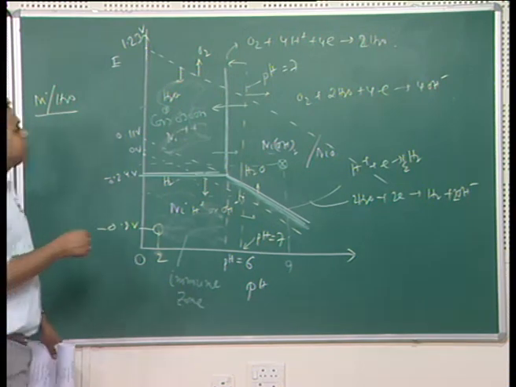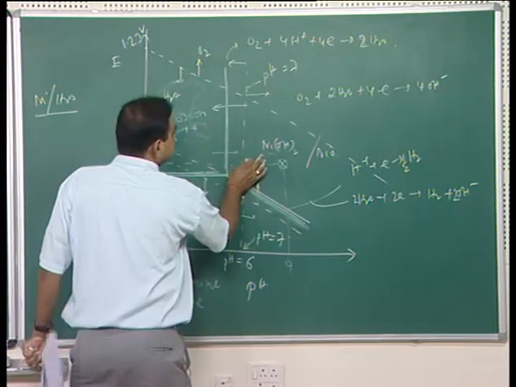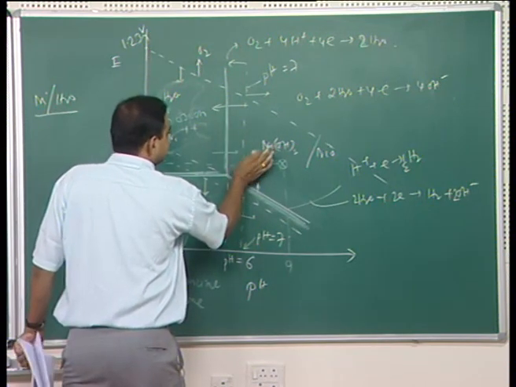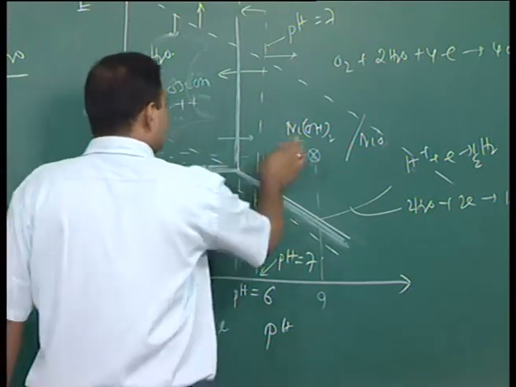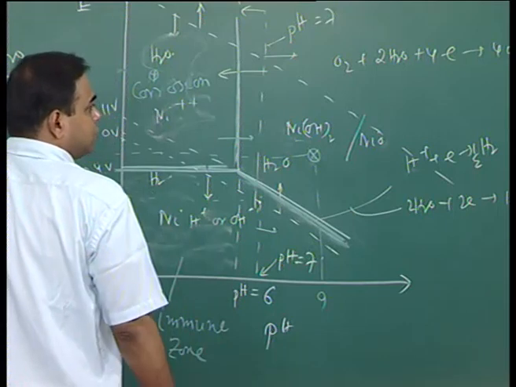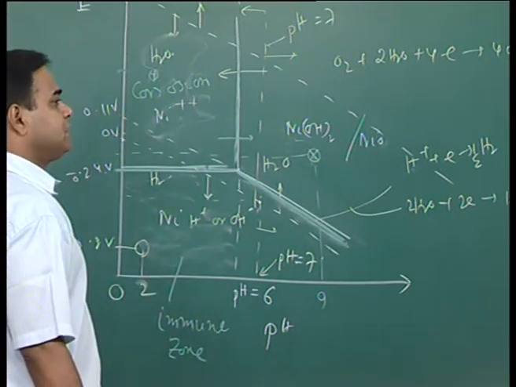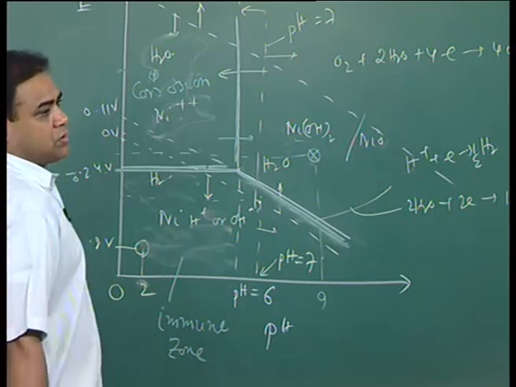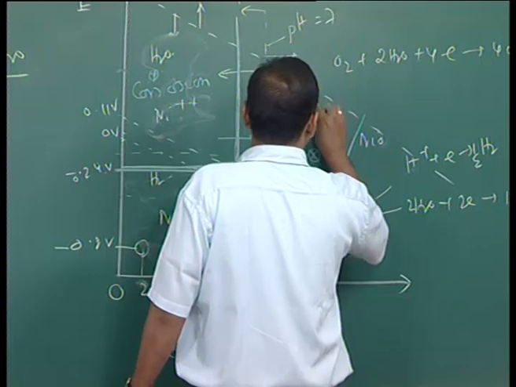We will come to know more about this later, but for the time being this zone is called passive zone, because though we have Ni(OH)2 which is the corrosion product, it forms a layer on the surface of the nickel and prevents further corrosion. So, this zone is called passive zone.